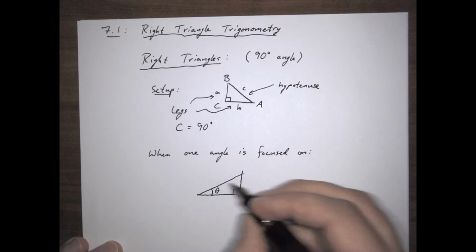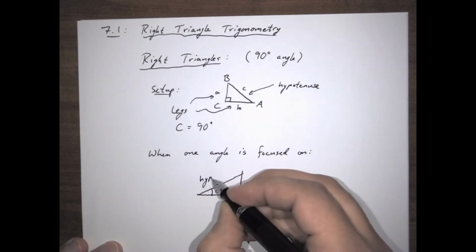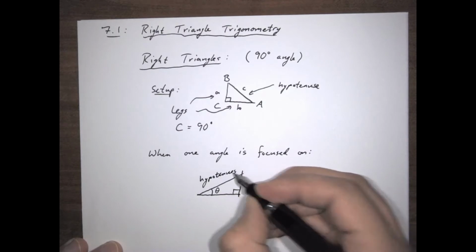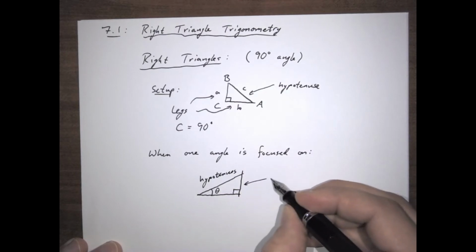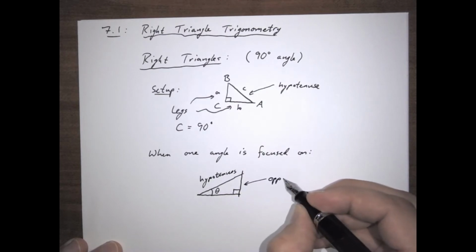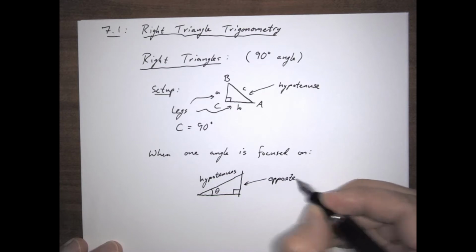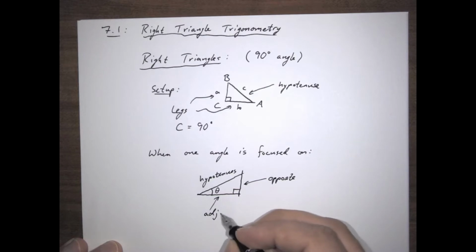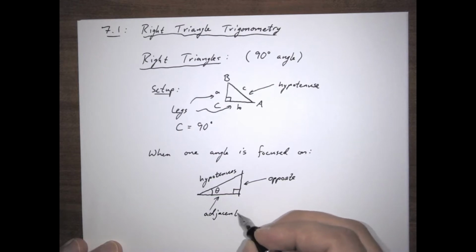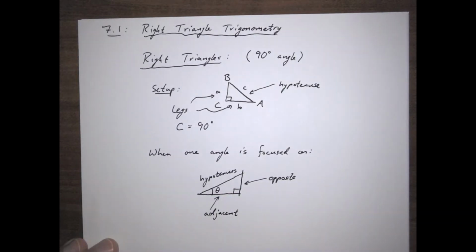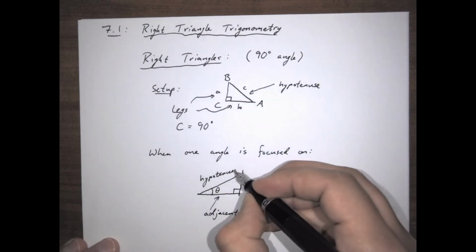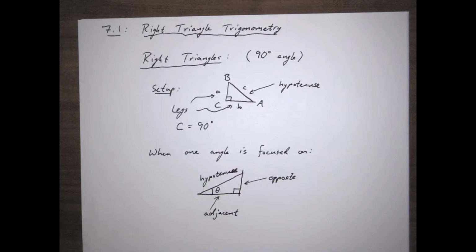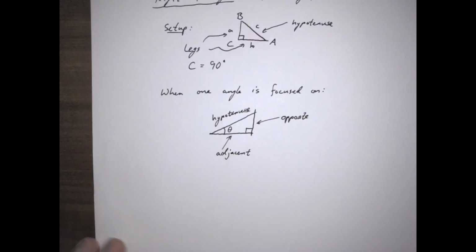Then we again call this the hypotenuse. And then this one is called the opposite side to theta. And this one is called the adjacent side. So the hypotenuse, and then opposite and adjacent sides.